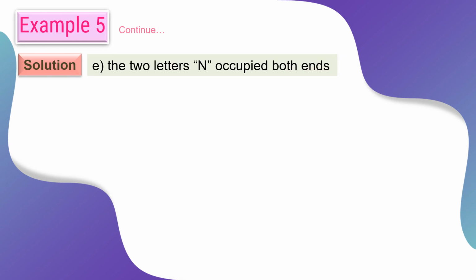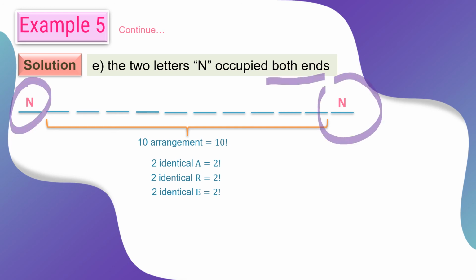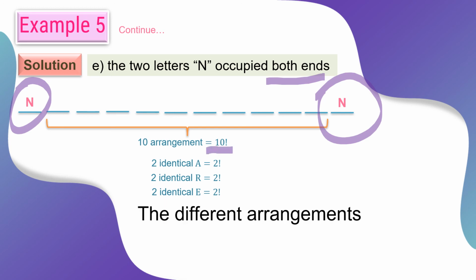Okay, next we go to the last example, 5E. The 2 letter N occupied both ends. Okay, both ends mean we start with N and end with N. So between them, we can arrange 10 places for 10 letters. So you can write down 10 factorial.